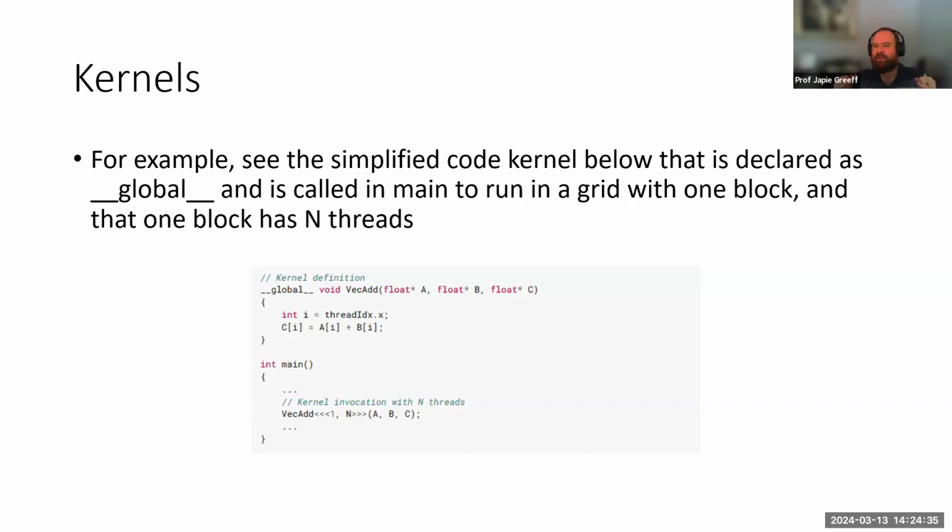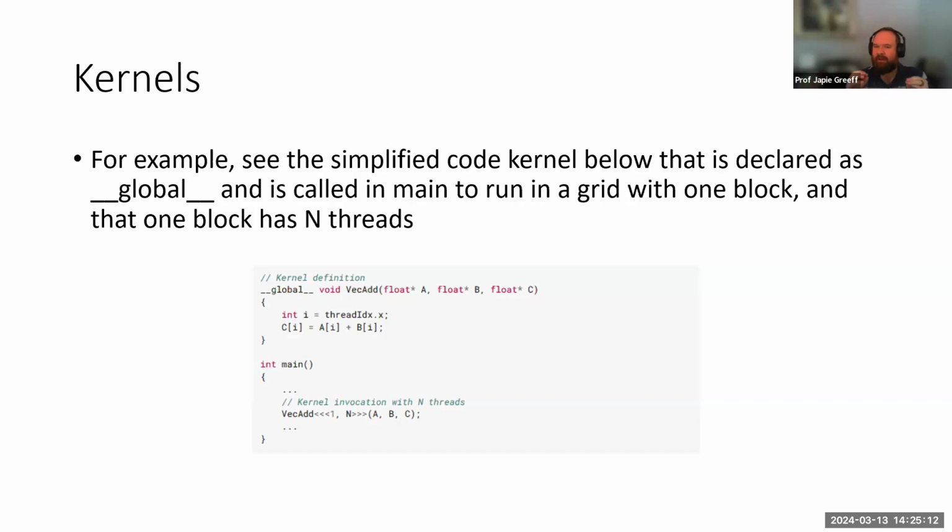and it passes in pointers to three arrays of type float. Then inside the kernel, the first thing that is collected is the variable i, which is just the thread identity. Each time this function is run by a specific core, it looks at what its own thread ID is, and then uses that index variable to look inside the array and only perform the operation on one position in that array.